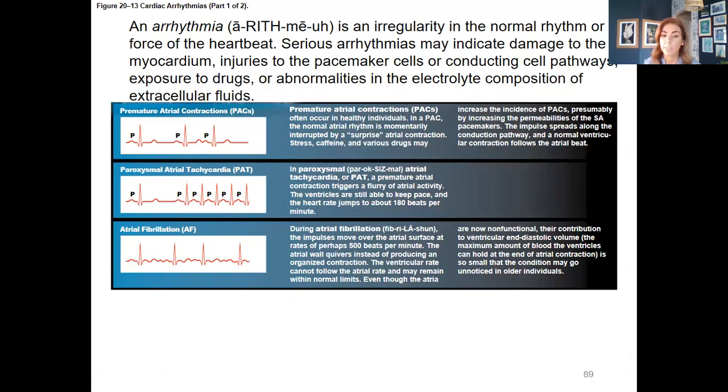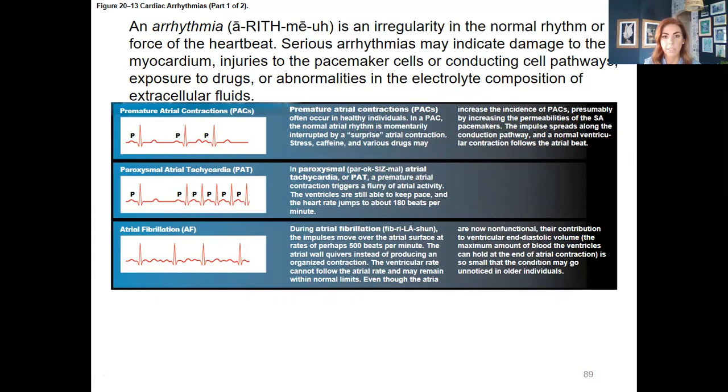Versus atrial fibrillation, or AFib, as some people call it, can get up to 500 beats per minute. Now, what you'll also see over here, if you look at this, this will say, even though the atria are non-functional, their contribution to ventricular end diastolic volume is so small the condition may go unnoticed in older individuals.